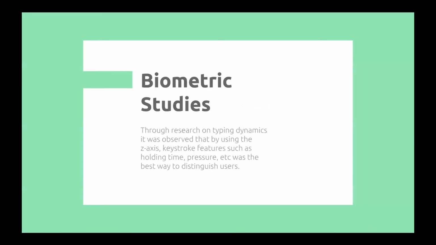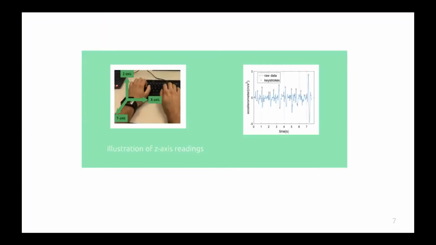When they did the biometric studies, they found, as you'll see in the next slide, that the Z-axis keystroke features are what really differentiate one person from another, which would be the up and down, for those who are forgetting the Cartesian plane. Here we have the wearable in a typing position.